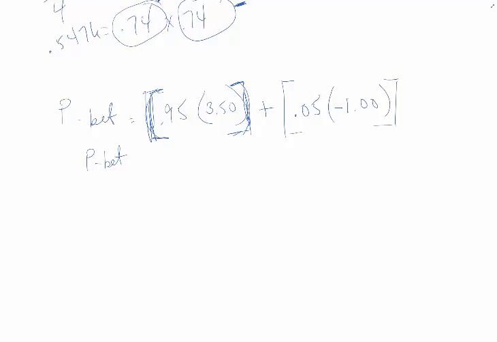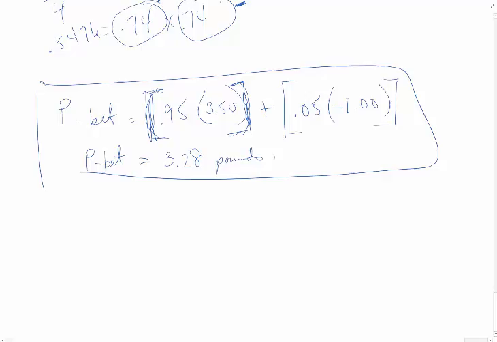Okay, so if you do the math here, you'll come up with a p-bet value of 3.28 pounds. That's the value of the p-bet.